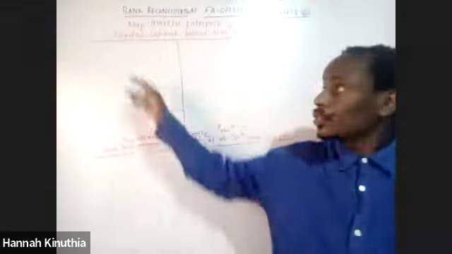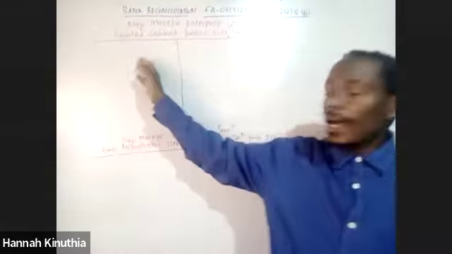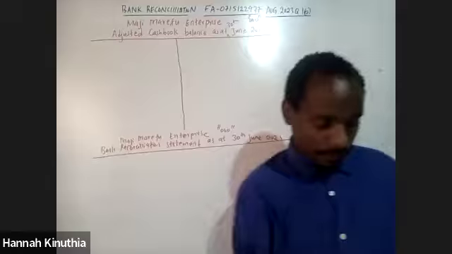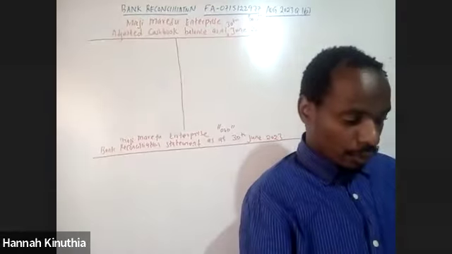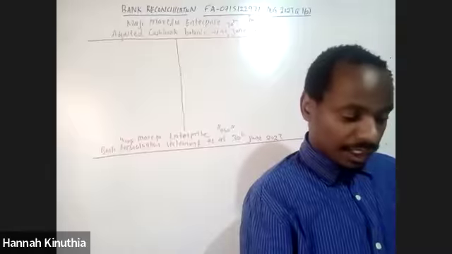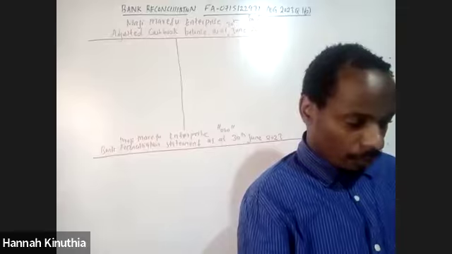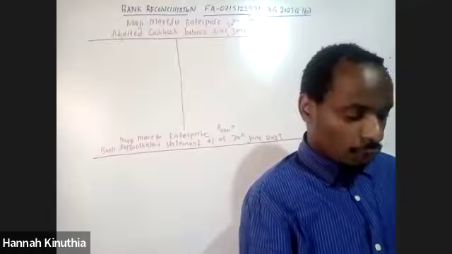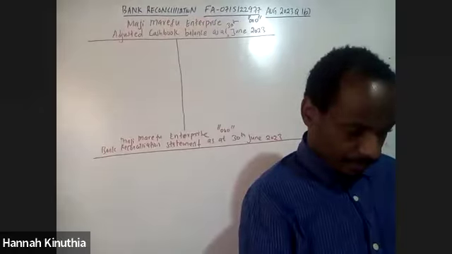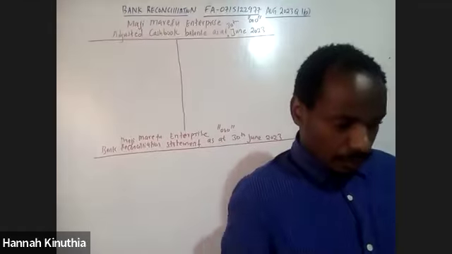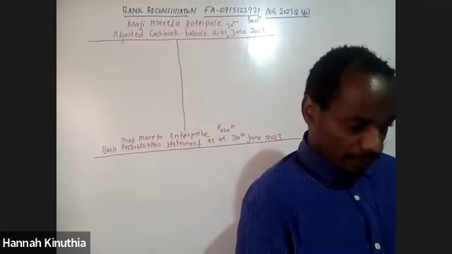Now it is not a cash, but now it's an overdraft. Ni kama fuliza. Tuko sawa? So ukiona the balance iko on the credit side, that means it's a form of fuliza. So it's an overdraft. Tuko sawa?